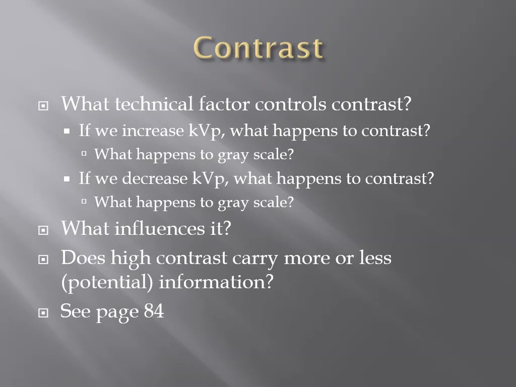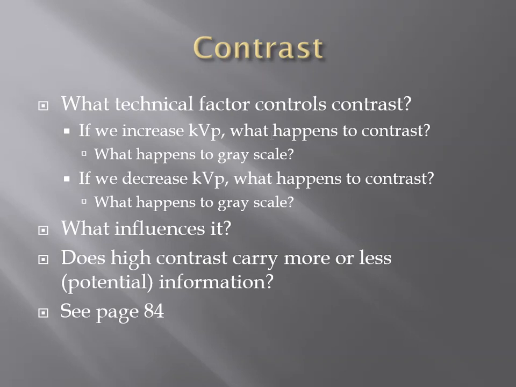If we increase KVP, what we get is more penetration. So looking again at that graphic on page 181, the numbers at the bottom of each one of those step wedges represent the KVP that image was supposedly shot with. If we increase KVP, we take those grayscales and spread them out.